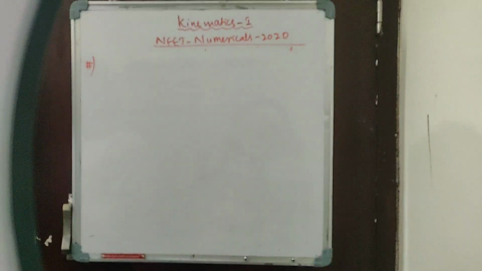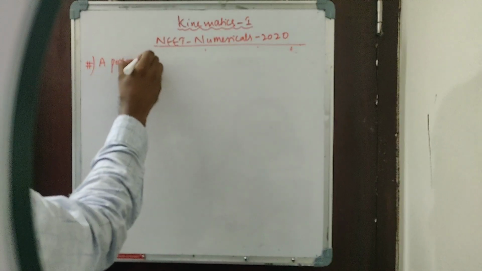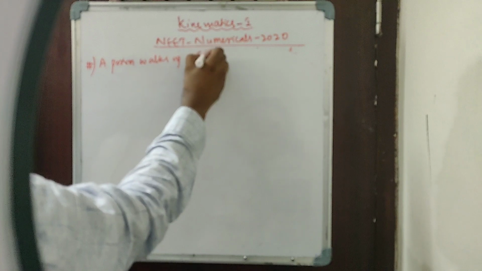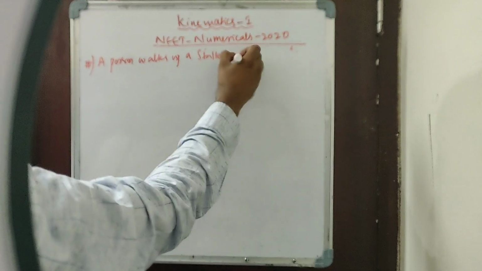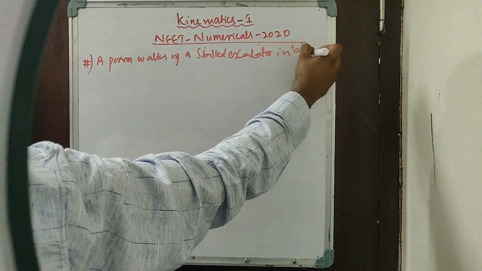The question says: a person walks up a stalled escalator in 90 seconds.